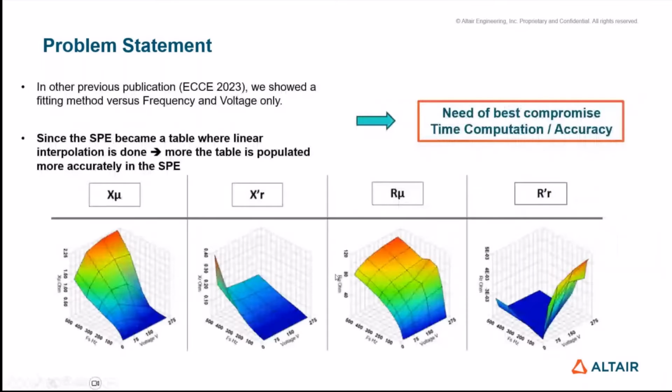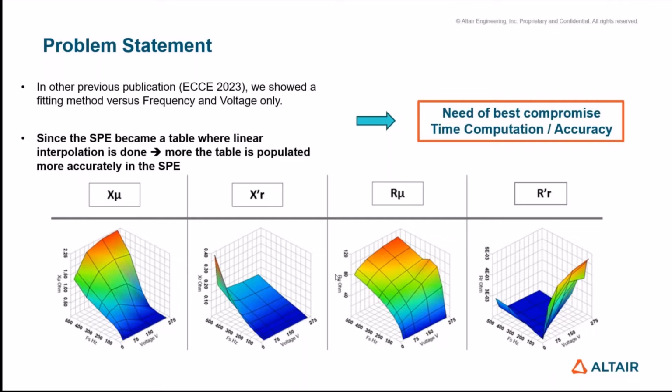Another work we presented at ECCE 2023. Here we vary the frequency and the voltage, and we wanted to determine the parameters of the equivalent scheme. Here also, as you can see, the parameters are really variable according to the frequency, and especially the frequency and the voltage.